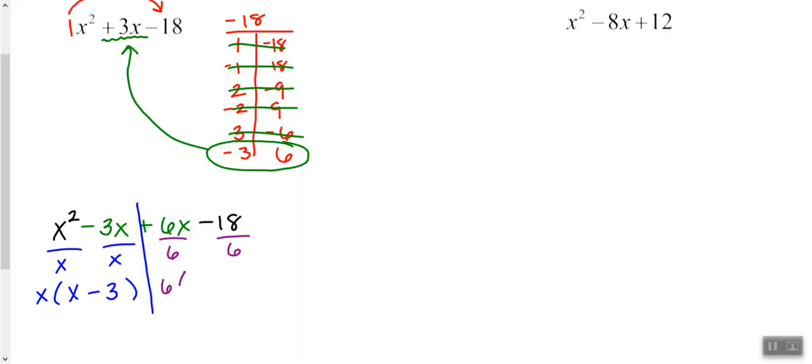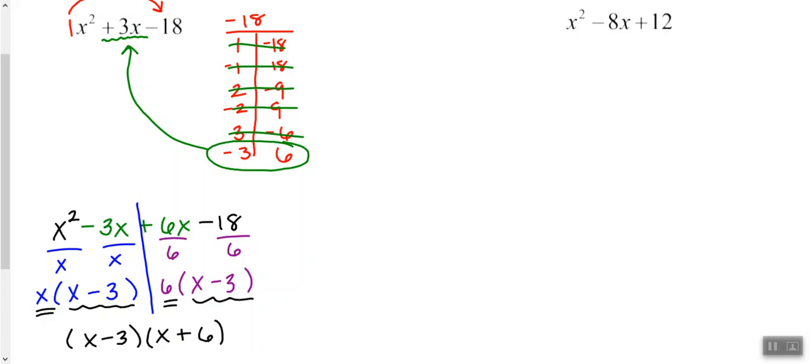So 6 goes in front of parentheses, and I'm left with x minus 3. And I know I'm right because my x minus 3's match. So that gives me one answer. X minus 3. And then we take our GCFs to create the second parenthesis, so x plus 6.